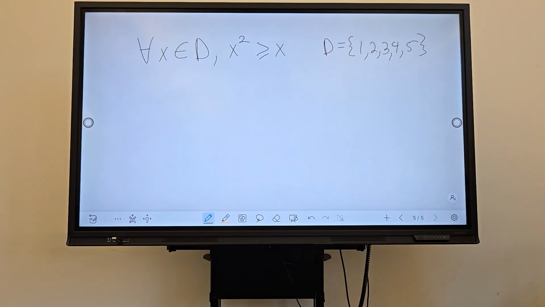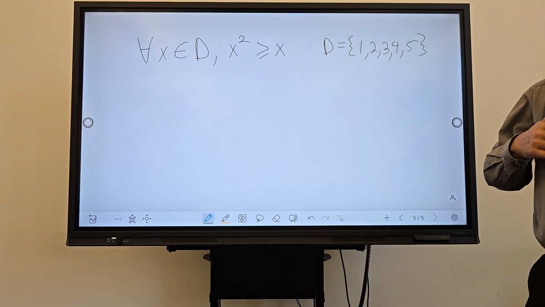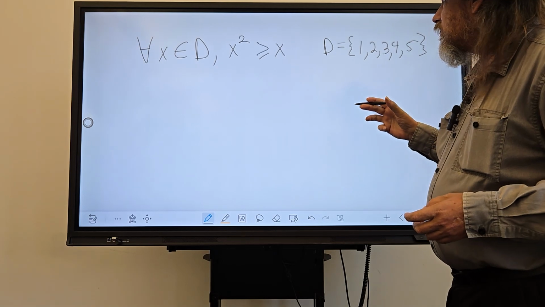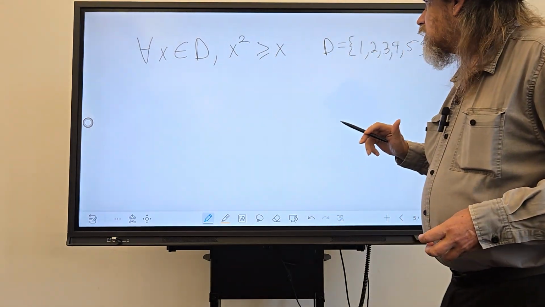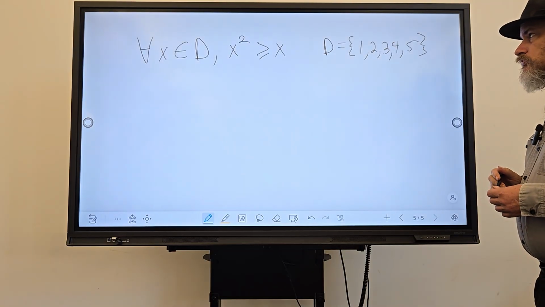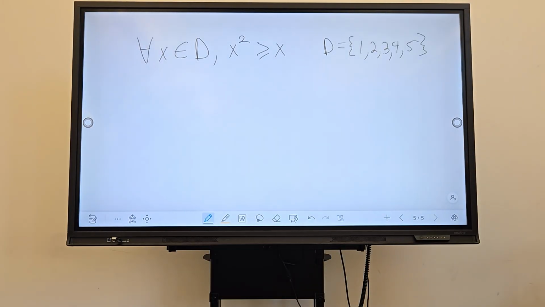This statement is true, and the way to prove it is what we'll learn later on, called an exhaustive proof. You calculate x and x squared and compare them for each element in D. Now, if D is an infinite set, an exhaustive proof is not possible.